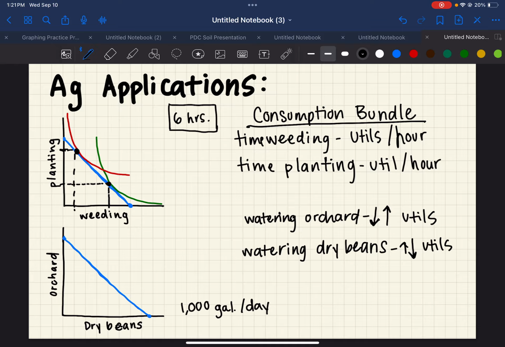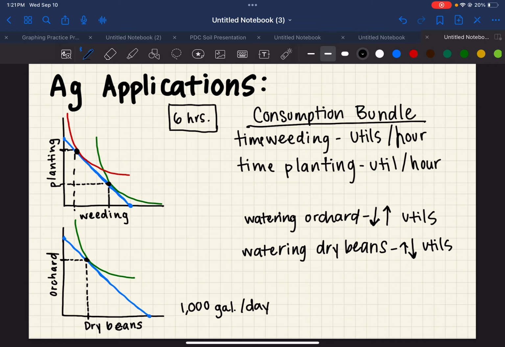And again, you come up with an indifference curve, and you find the indifference curve that is tangent to your budget line, and that helps you find this optimum point where the budget meets the maximum utility possible. And you find that you're going to spend this much of your water watering your beans and this much of your water watering your orchard.